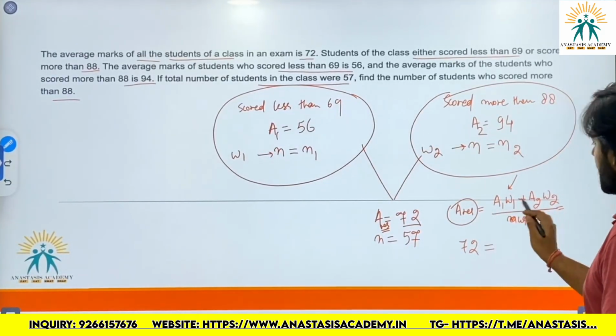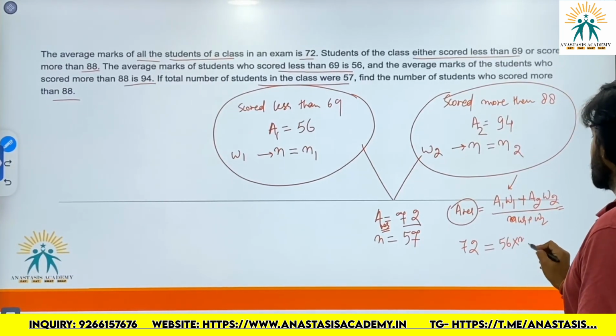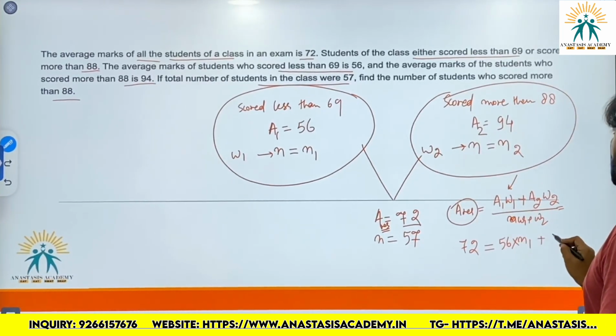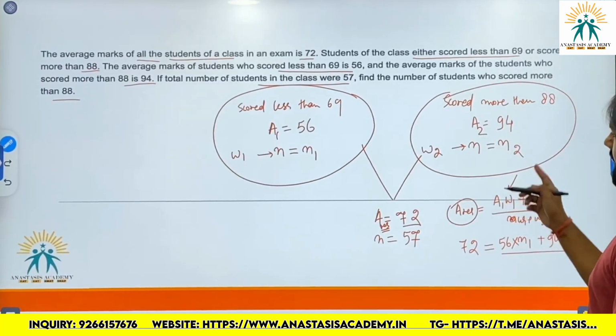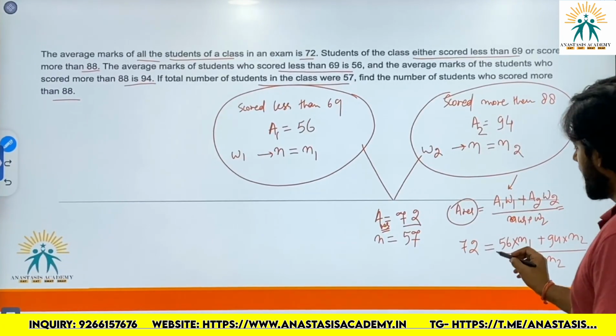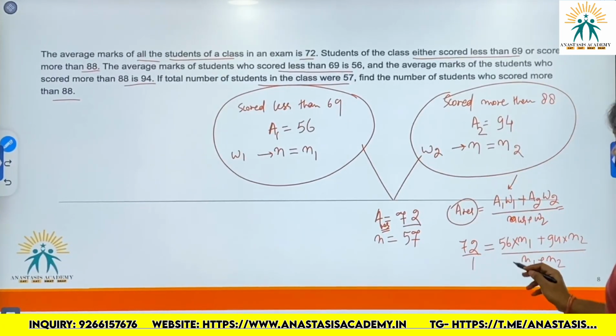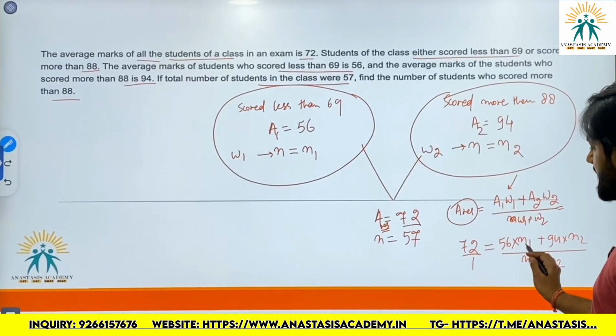Putting the values of A1 as 56 into N1 plus A2 as 94 into N2, upon W1 plus W2, that is N1 plus N2, and cross multiplying the terms, I get 72 N1 plus 72 N2 equal to 56 N1 plus 94 N2.